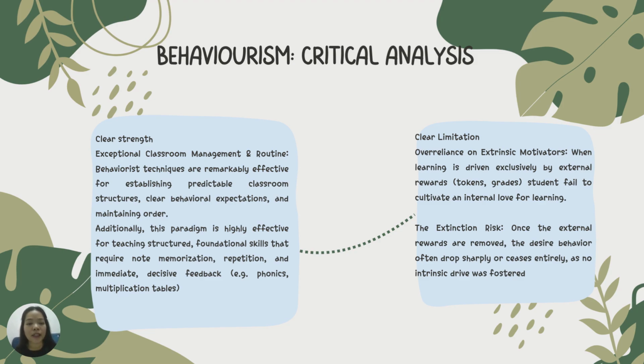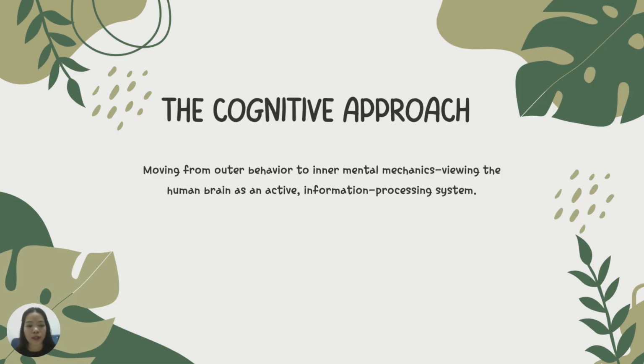However, its primary limitation is its extreme reliance on extrinsic motivators. When you stop giving out sticker points or praise, the positive behavior often stops immediately because no intrinsic value was built.